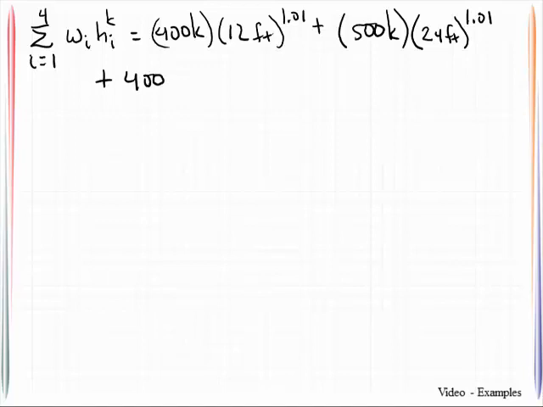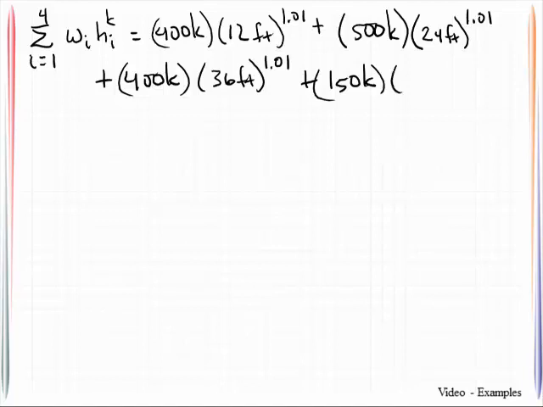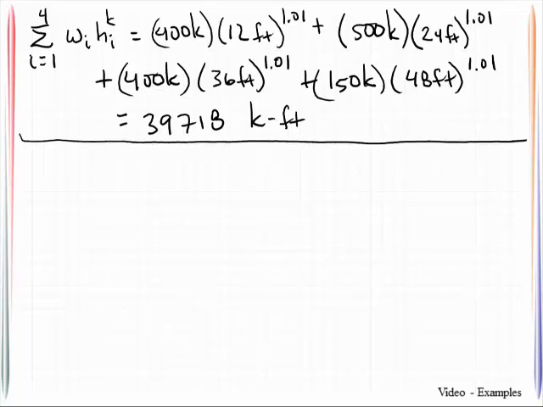Plus 400 kips times 36 feet plus 150 kips times 48 feet. Notice all those are raised to a power. And so this will compute out to be 39718. And it works out to be the units of kip feet. Okay, so that was the denominator.